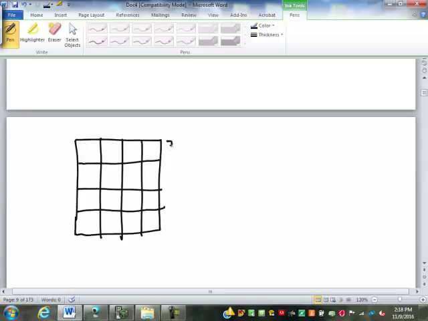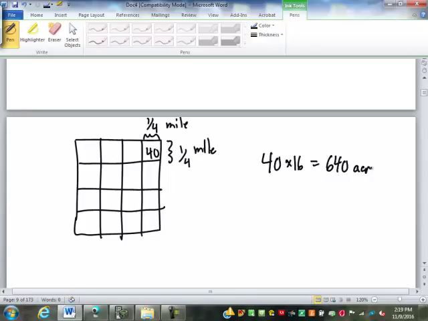So each piece is 1/4 mile by 1/4 mile. Each piece is what we call a 40, or 40 acres. So if you look at that, there are 16 of those. 40 times 16 is 640 acres in 1 square mile.